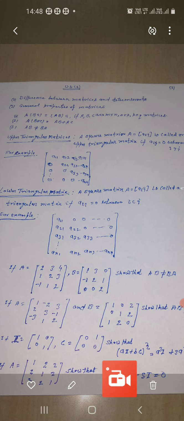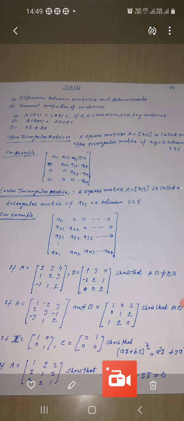In second row, 0, A22, A23, A2n. In third row, 0, 0, A33, and so on, A3n. And in last row, 0, 0, 0, and in last Ann. This is the example of upper triangular matrices.